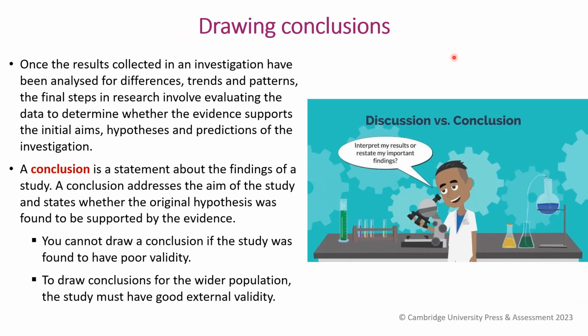Now, when you're asked to draw conclusions, that's not the same as being asked to draw implications. So a conclusion applies to the sample that we've tested. Even if we've rejected our hypothesis, we're still going to draw a conclusion based on the sample tested.